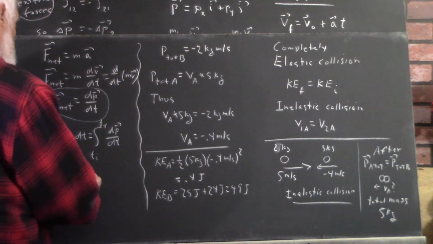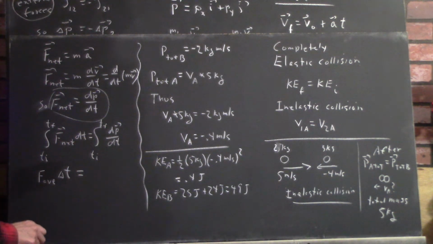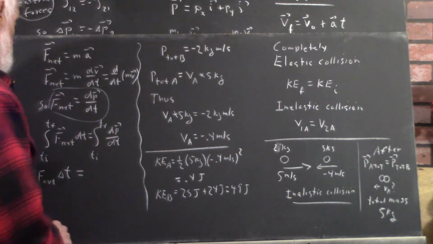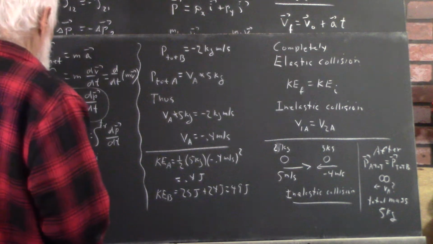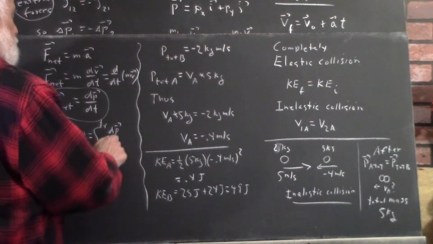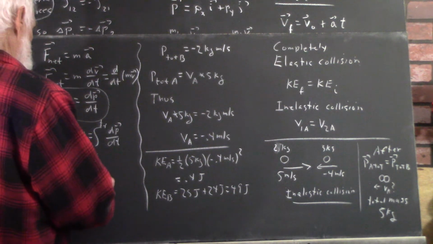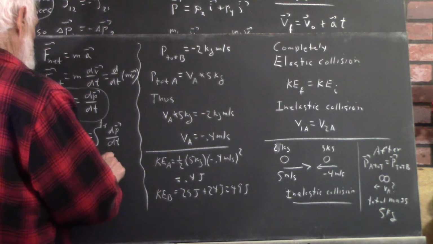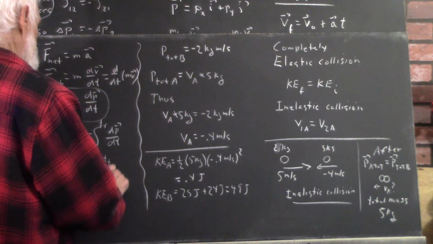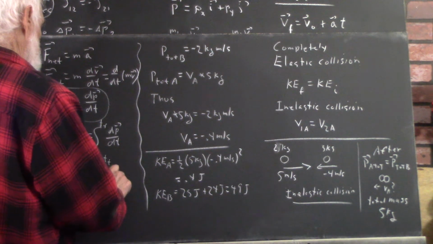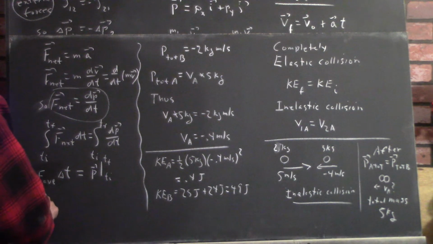It's really important for physical intuition, among other things. Okay? Now, integrating dp/dt just gives you p evaluated between tf and ti.